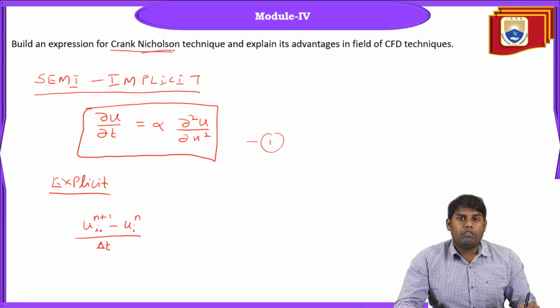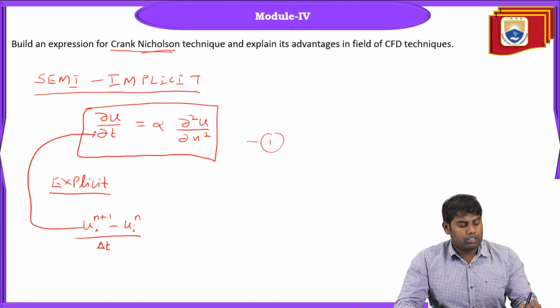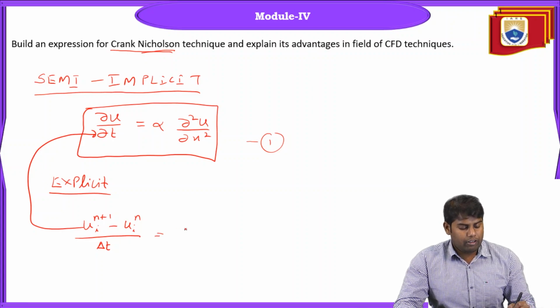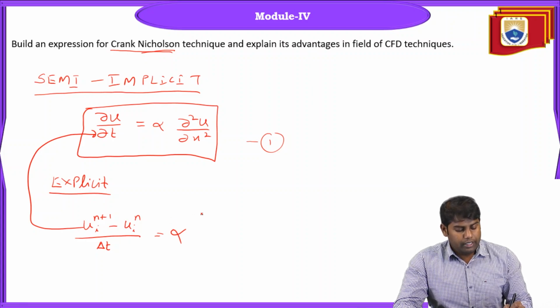This is for the left-hand side term, and it will be common for both explicit and implicit. Now the alpha will be the diffusion coefficient here.